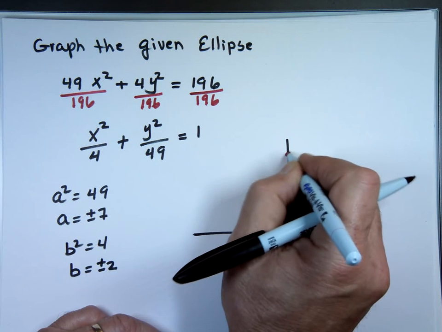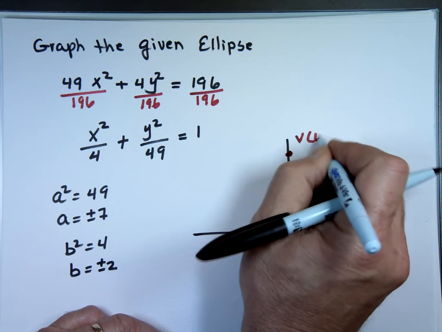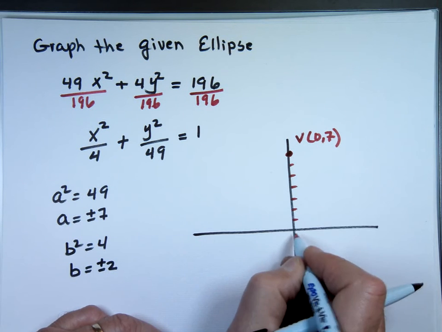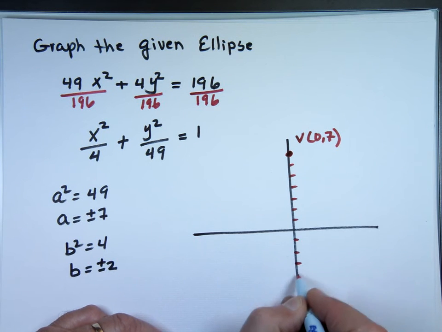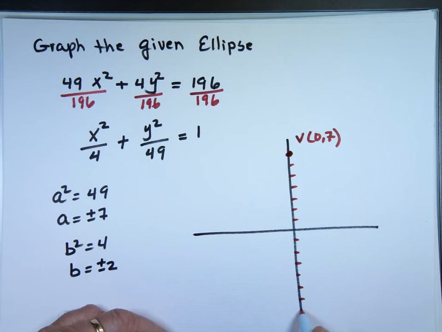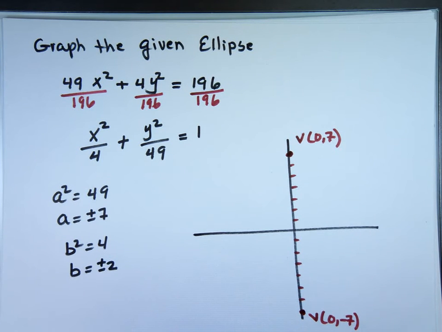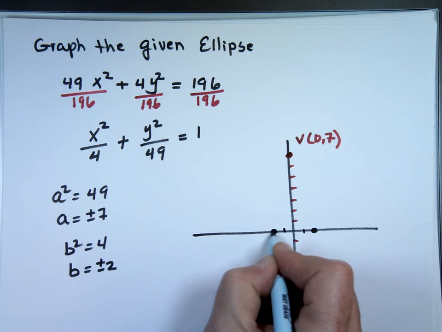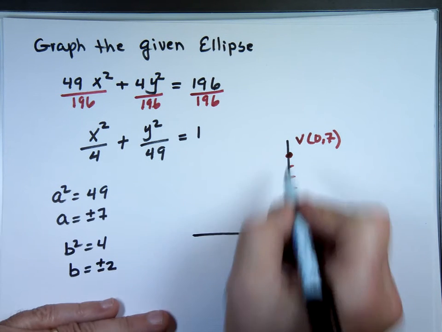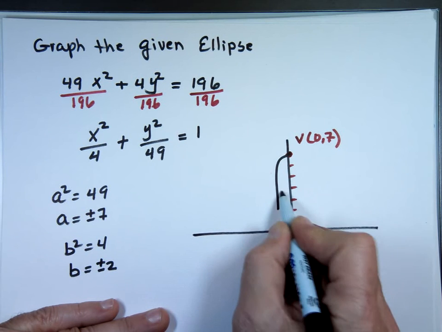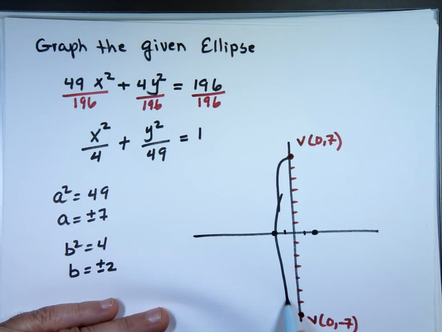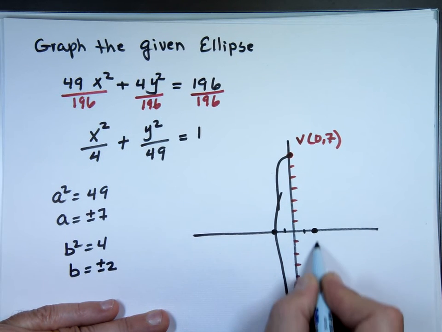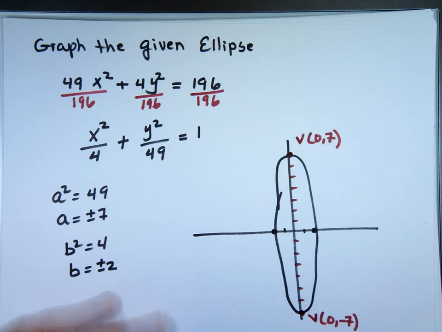That's a vertex. 0, comma 7. 1, 2, 3, 4, 5, 6, 7. 0, negative 7. 2, negative 2. So it's a skinny one. Looks something like this.